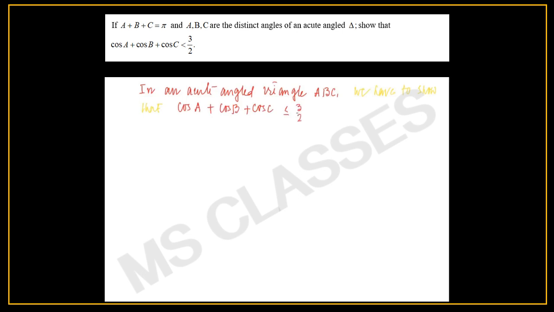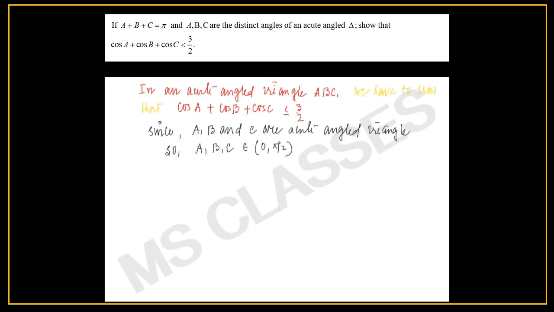Now, since this is an acute angle triangle, since A, comma B and C are acute angles, so A, comma B, comma C belong to (0, pi by 2), definitely.